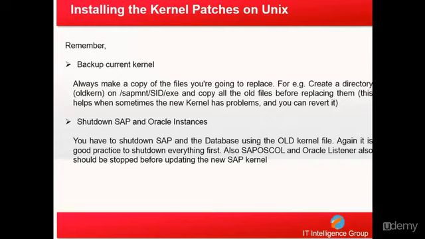Once the backup is done, we need to shut down SAP and shut down the Oracle instance. We need to make sure that the SAP OS collector, that is saposcol, and the Oracle listener are down during the upgrade of the SAP kernel. These are the things to note, which is very important.